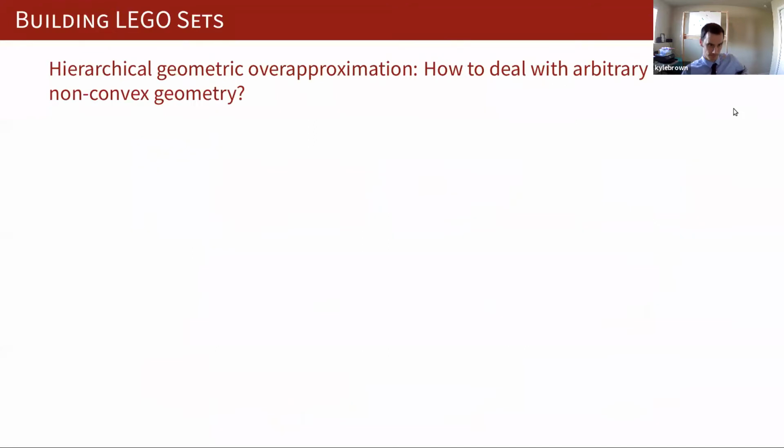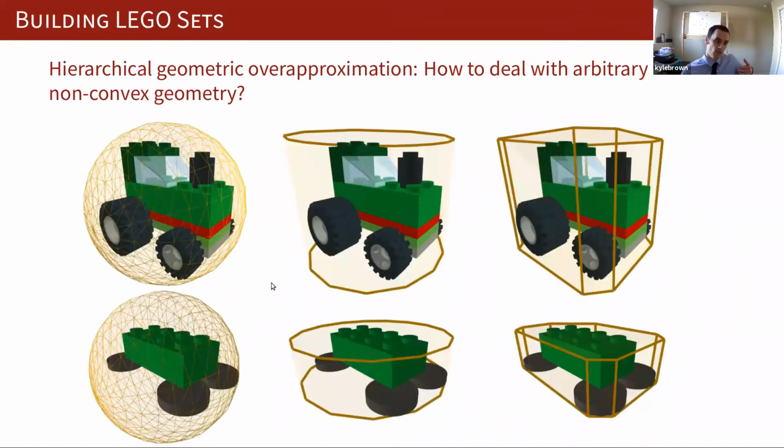On a side note, when we're dealing with assemblies with arbitrarily complex non-convex geometry, we often need to simplify things so we have a more convenient geometry representation that we can use when we're doing collision avoidance, etc.